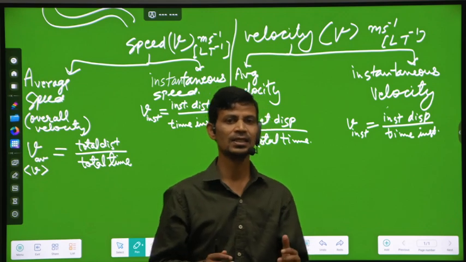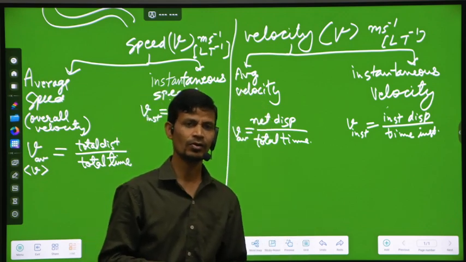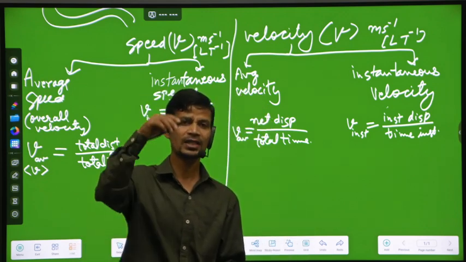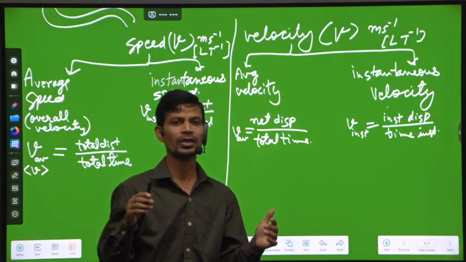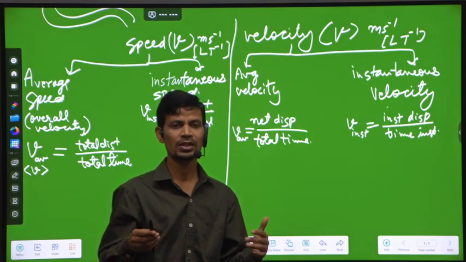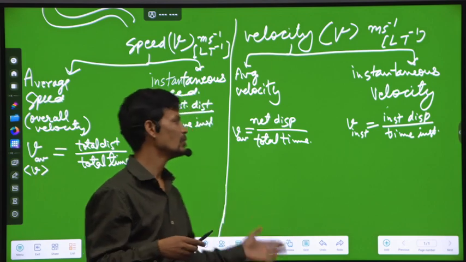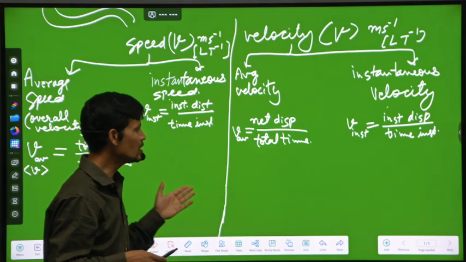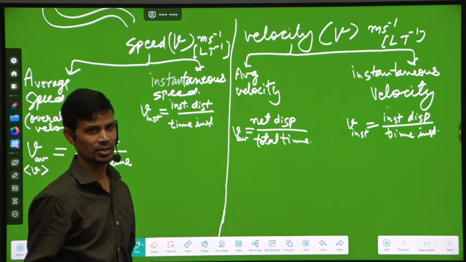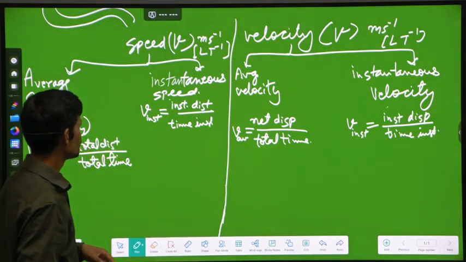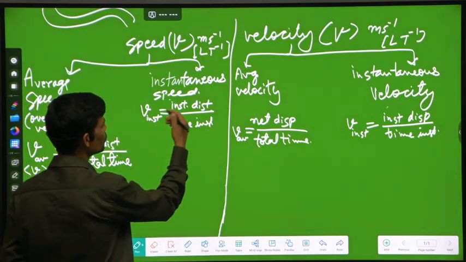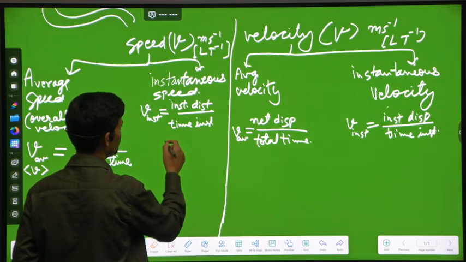That is instantaneous speed or velocity. At that particular moment, what its speed or velocity is, that is instantaneous speed or velocity. Now, how are we going to show this?